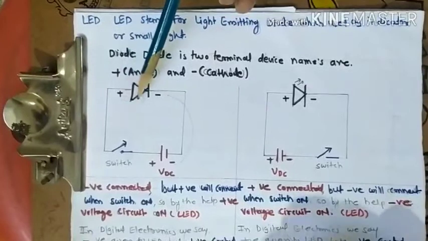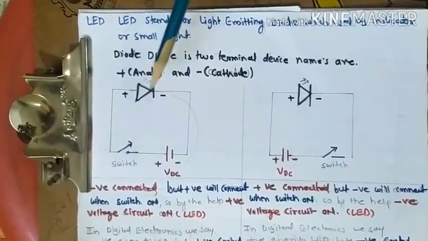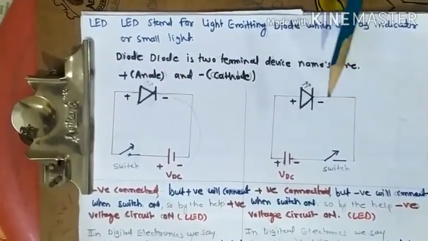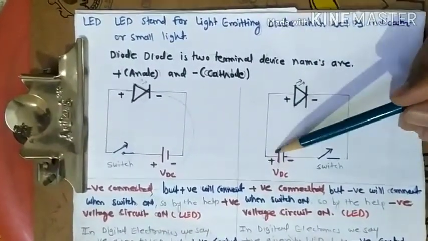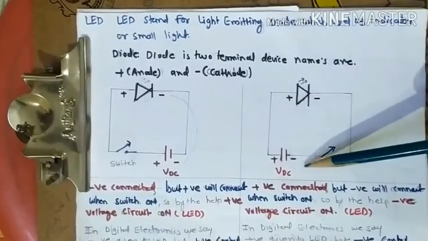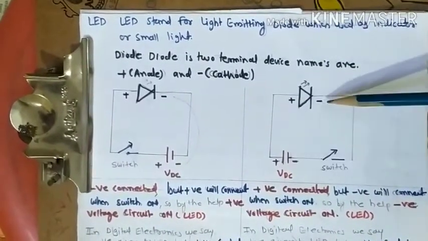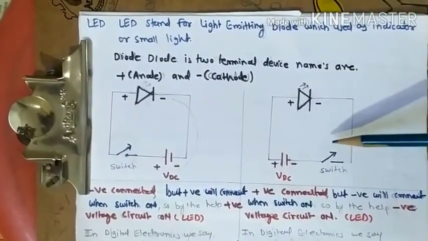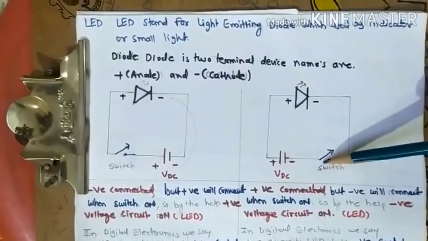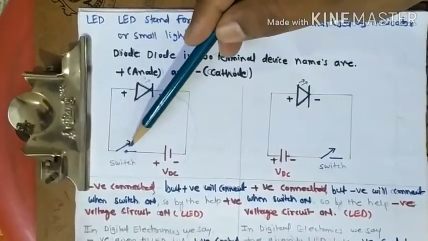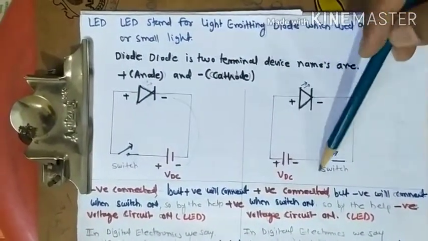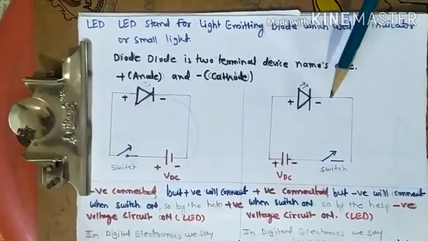In this case, this circuit is waiting for positive supply. In this second circuit, we join one battery and one switch. Positive to positive is a direct connection, but the negative terminal of the battery to the cathode is not a direct connection. There is a switch. Here we control positive voltage with this switch, and here we control negative voltage with this switch.